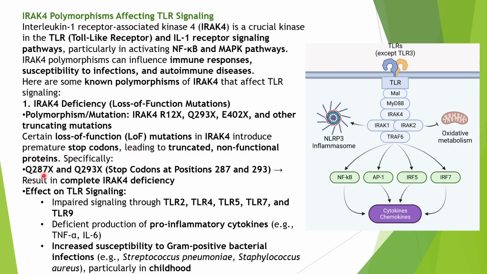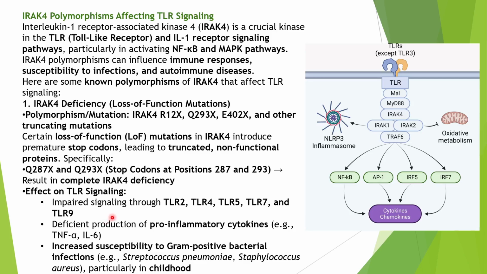So specifically, Q287X and Q293X, stop codons at positions 287 and 293, result in complete IRAK4 deficiency. Then the effect on TLR signaling: impaired signaling is seen through TLR 2, 4, 5, 7 and 9.